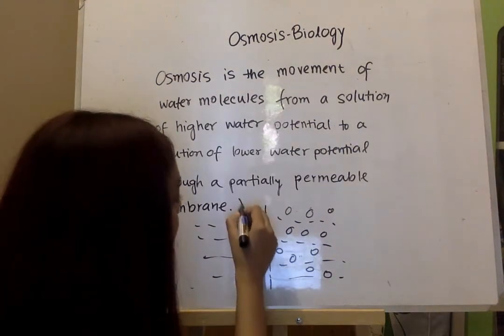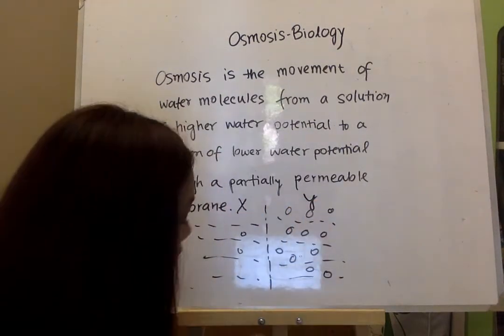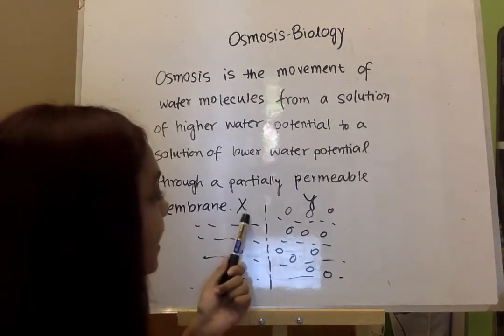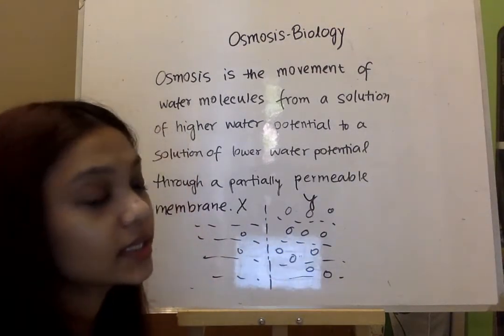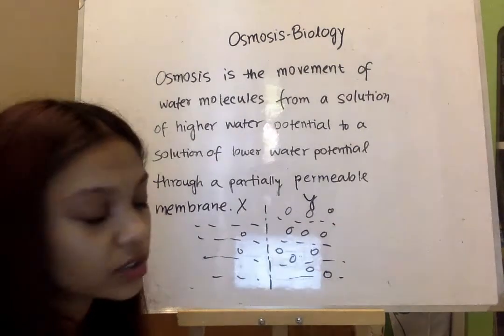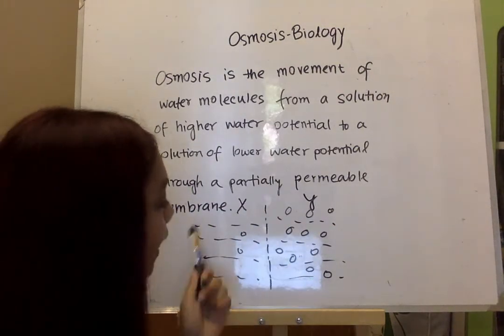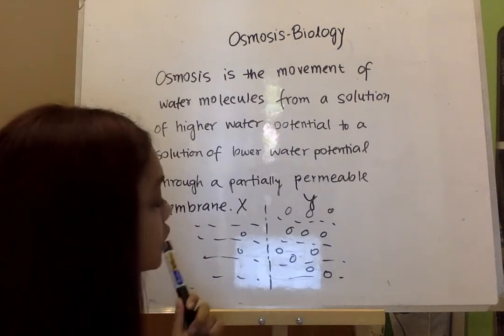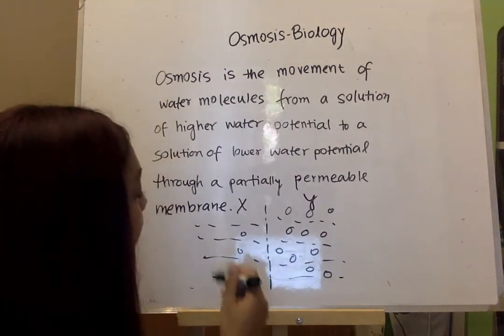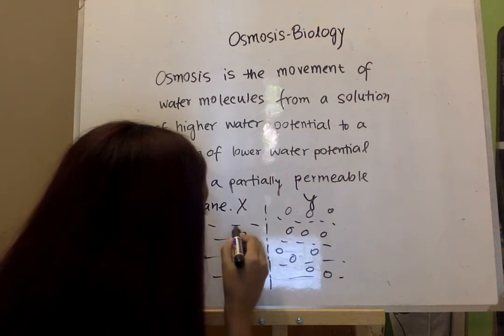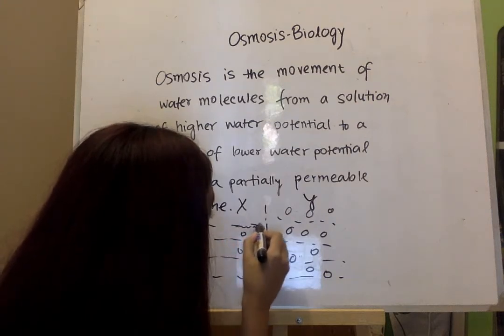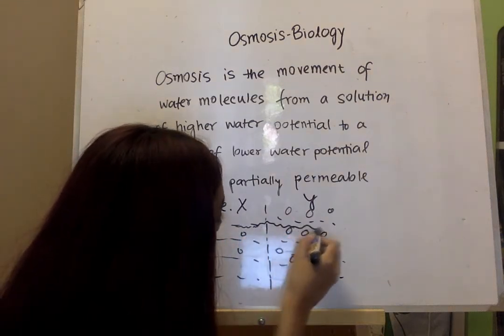Let's refer to this as X and Y. This means that X is hypotonic to Y, which means that it has a lower concentration or higher water potential than Y. Then what will happen in this case? Osmosis will occur, taking these water molecules through this part and here.